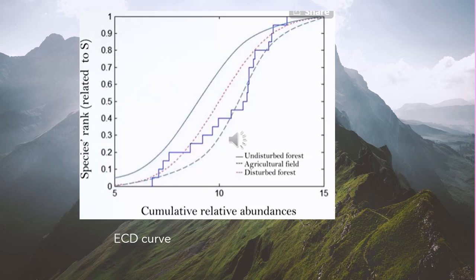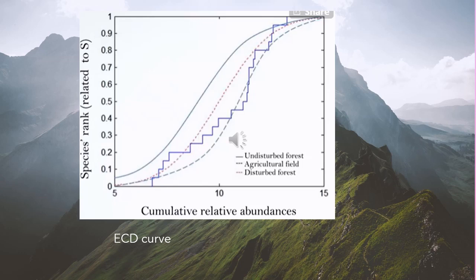For instance, in this example, you will find three curves, and the highest one is the undisturbed forest, the intermediate one is a disturbed forest, and the lowest one is an agricultural field. You see the agricultural field, for instance, has an intermediate part of the curve that is more or less parallel to the y-axis.